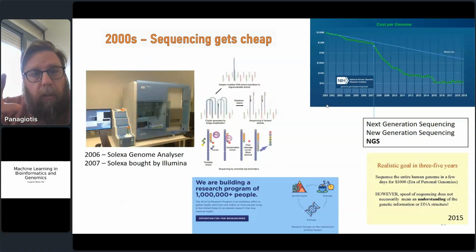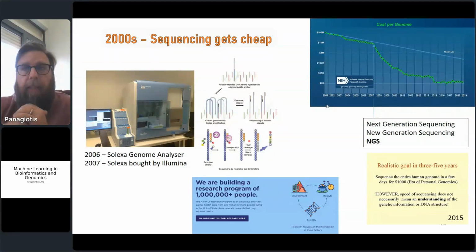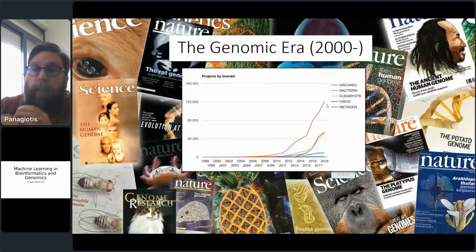So now we're at the point where people are sequencing hundreds, thousands, of genomes to do comparative studies, or sequencing other species, which is very important also. You see here the increase in genomes sequenced.